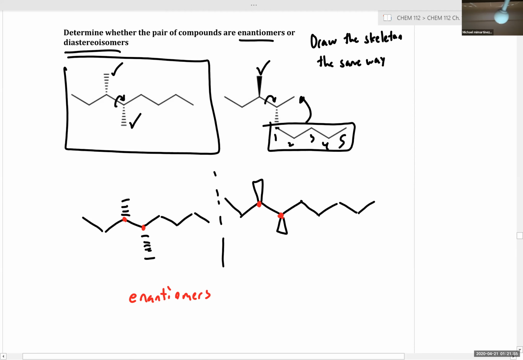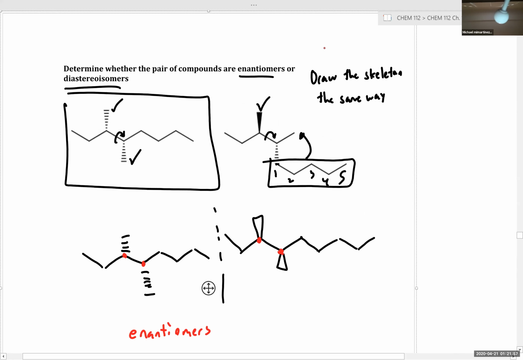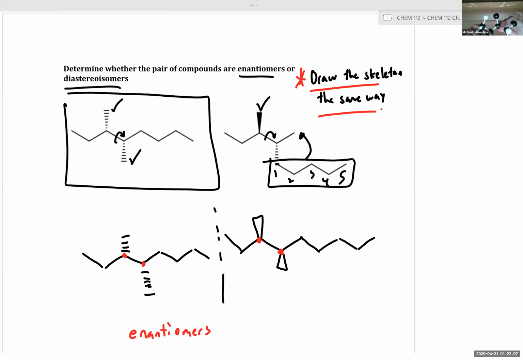And again, the only reason we're able to do this comparison is that we need to make sure we draw the skeleton the same way. Just as a refresher, originally we had this skeleton here with our alkyl group in the back. In order to get the alkyl group flat in the plane of the page, we took this carbon-carbon bond and we rotated it.